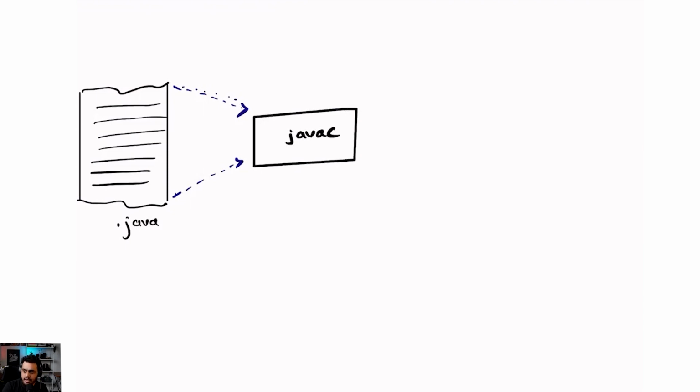There's something known as what? javac. javac is nothing but our compiler. Where do we write our code? We write our code in .java and we give it to whom? javac. javac is nothing but our compiler. Now this javac will take the whole code and it will convert it into what?